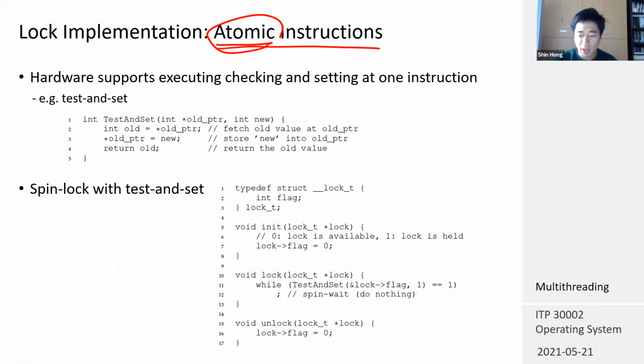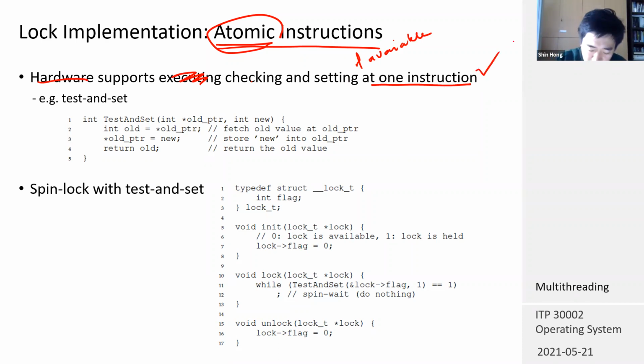So hardware here means computer architecture provides support. I think the English here is not good. Support checking and setting of a variable to be executed atomically in a single instruction.